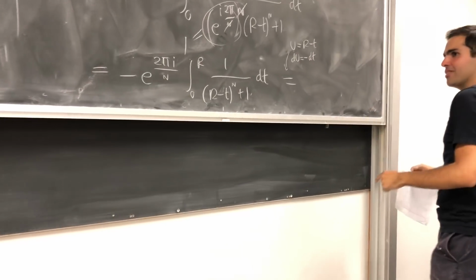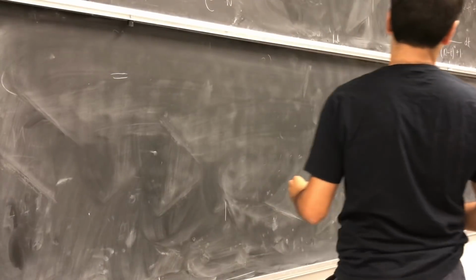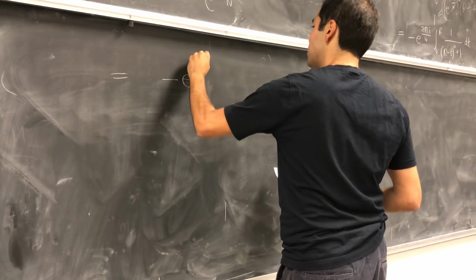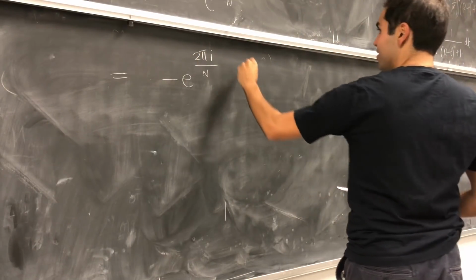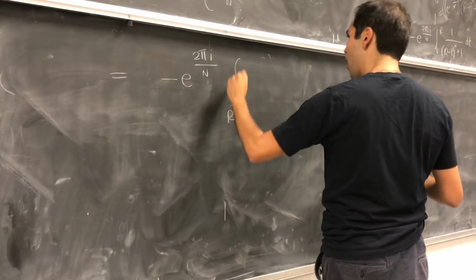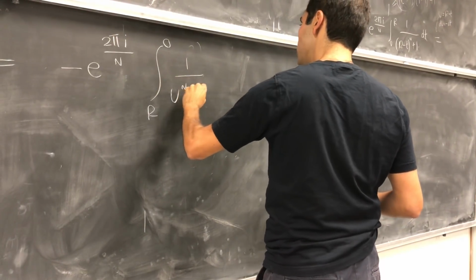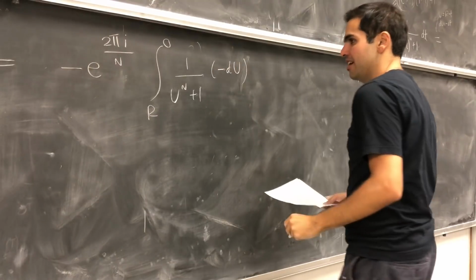So we get, maybe let me do it on another blackboard, minus e^(i2π/n), and then r becomes 0, 1 over u to the n plus 1, and minus du.